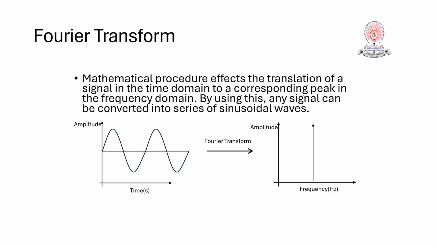In this first graph, the plot is amplitude versus time and it is a sine wave. After Fourier transform, a single peak is generated. Fourier transform can convert any signal into a series of sinusoidal waves.